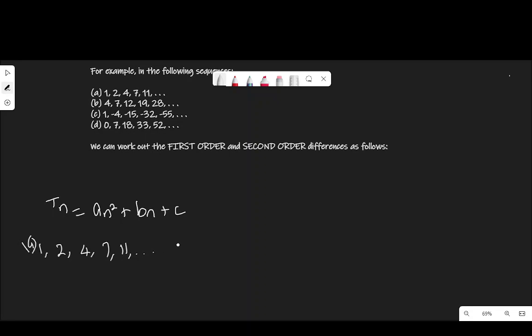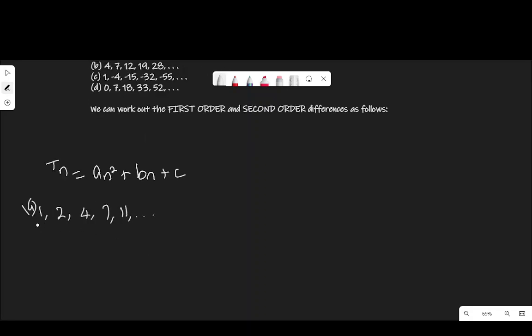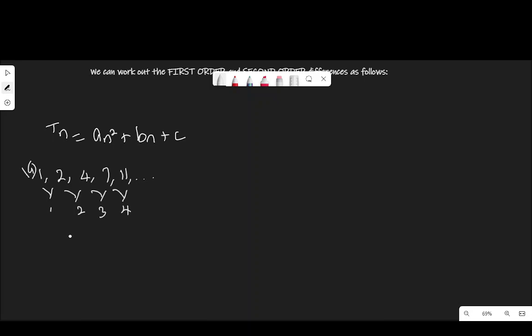For the first order difference, 2 minus 1 is 1, 4 minus 2 is 2, 7 minus 4 is 3, and 11 minus 7 is 4. Now the second order difference: 2 minus 1 is 1, 3 minus 2 is 1, 4 minus 3 is 1.